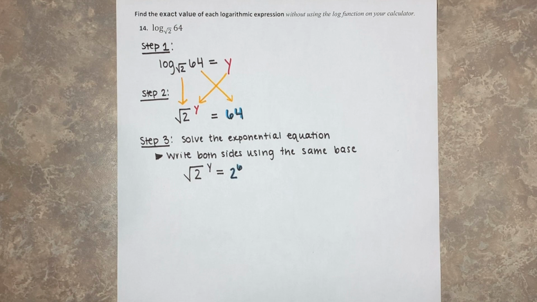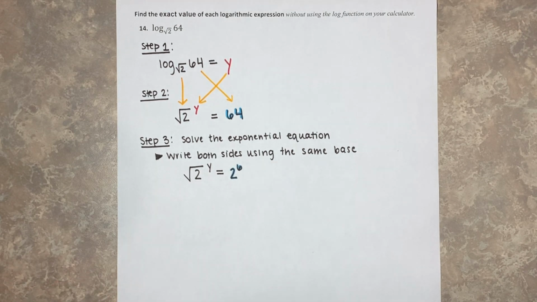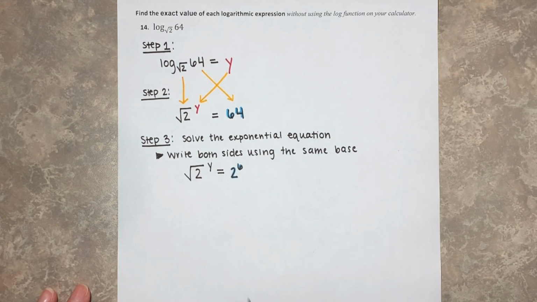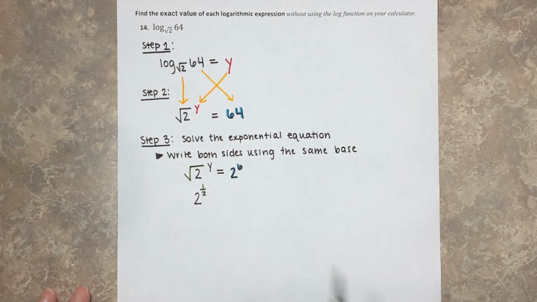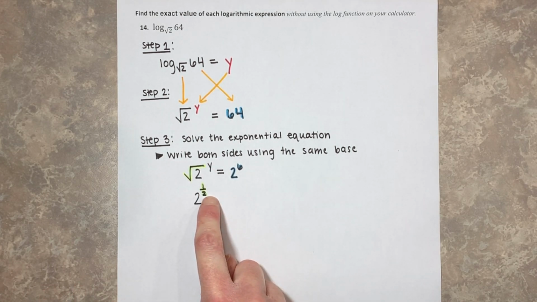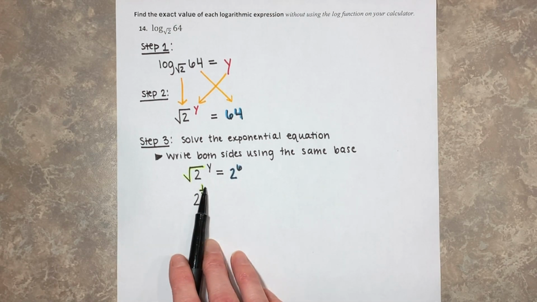Well, if we remember back to the 6.1 video, we learned that anytime you have a radical, you can rewrite that radical using fractional exponents. And we can rewrite the square root of 2 by taking 2 and raising it to the 1/2. So the square root is equivalent to raising to the 1/2. So the square root of 2 and 2 to the 1/2 are equivalent.